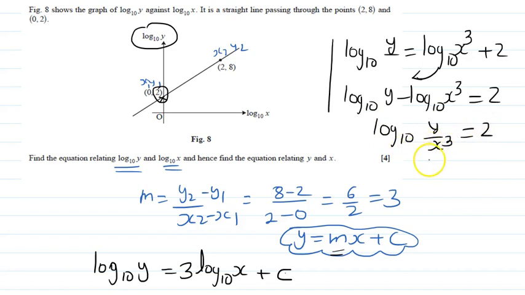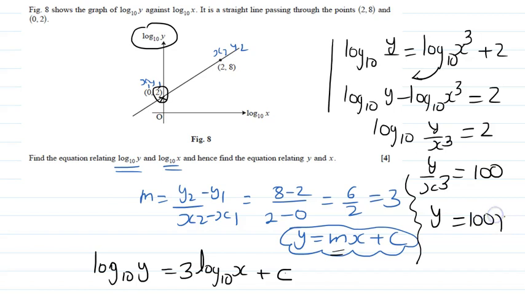So y over x cube equal to 10 to the power 2, that is 100, and y equals 100 x, sorry, 100 x cube. Nice and easy. So this is the way we solve these types of questions.